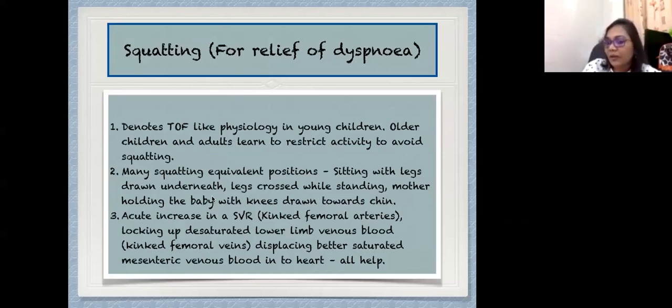Second, the femoral veins get compressed, so the venous return from the lower limb is decreased, and less desaturated blood reaches the heart. Also, as you compress the abdomen, more oxygenated mesenteric venous blood returns to the heart. All these help relieve dyspnea in cyanotic congenital heart disease while squatting.